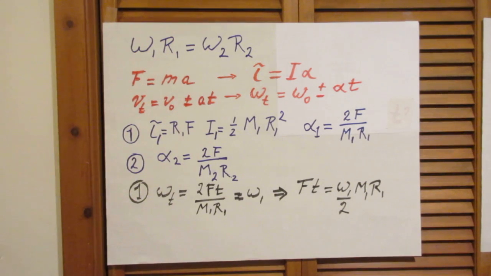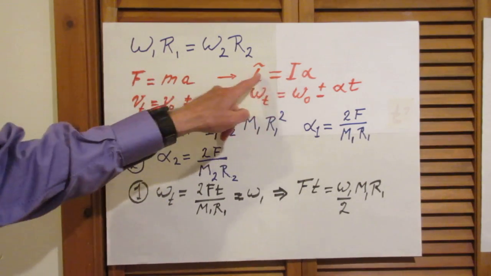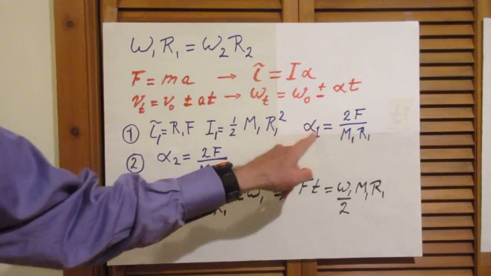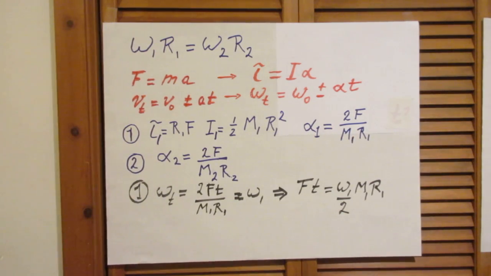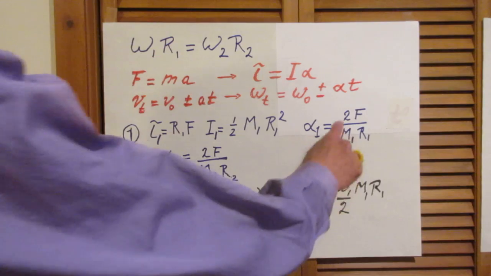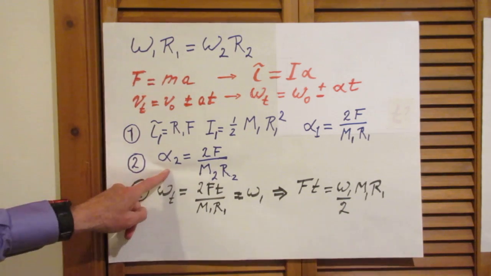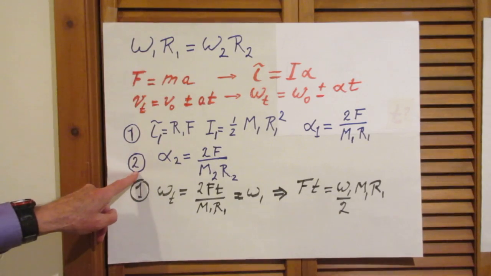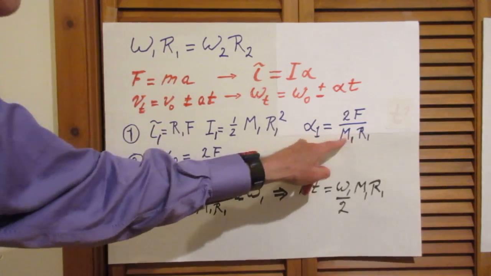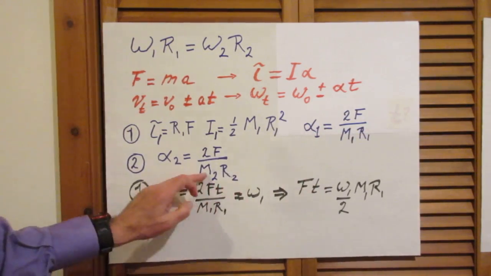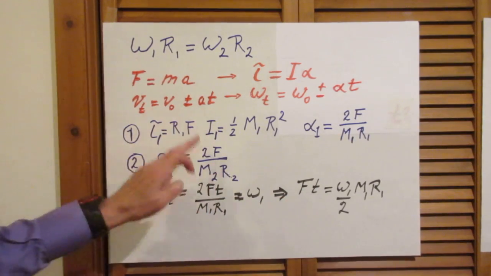So now, if I apply this equation, I can calculate what alpha 1 is. You get 2F divided by m1 r1. And so similarly, alpha 2 for number 2 is of course the same in magnitude, except that you now get m2 r2.